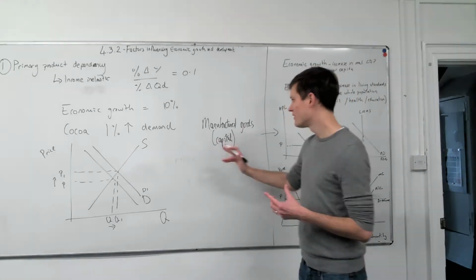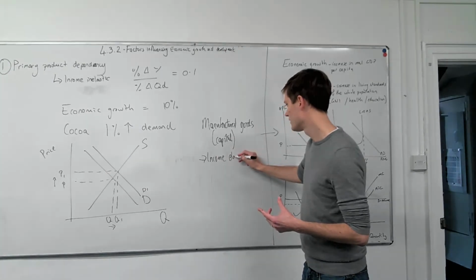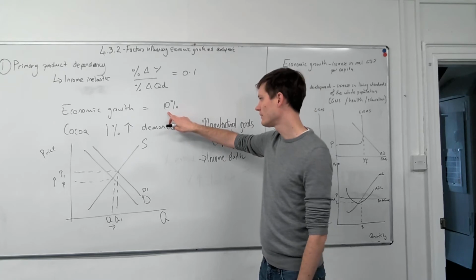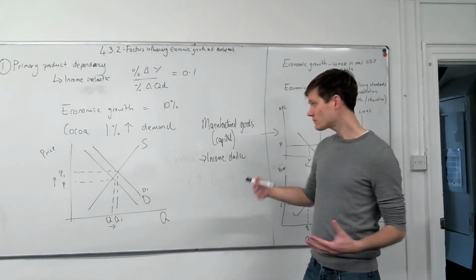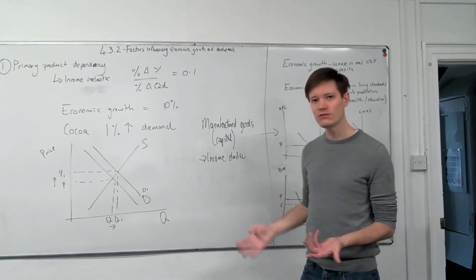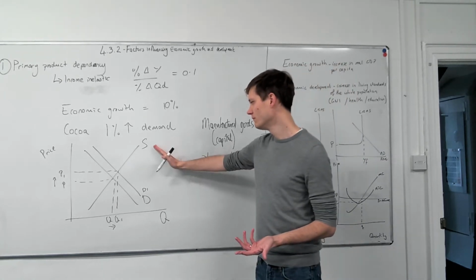But I know that they are likely to be income elastic. So, for example, if I have economic growth of 10%, it might well be that the demand for these goods rises, say, for example, by 20%. It's likely that the prices of these goods are going to be rising at a higher rate than the prices of these.